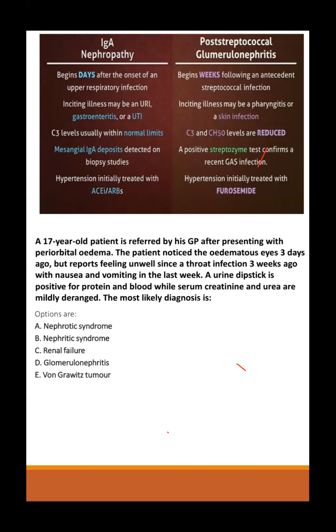A urine dipstick is positive for protein and blood, while serum creatinine and urea are mildly deranged. The most likely diagnosis is: nephrotic syndrome, nephritic syndrome, renal failure, glomerulonephritis, or Wilms' tumor.